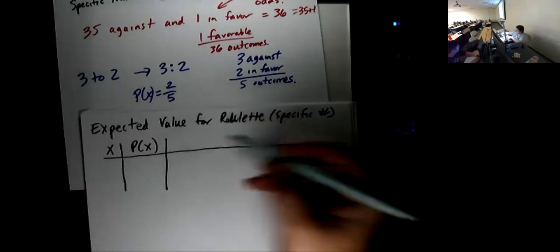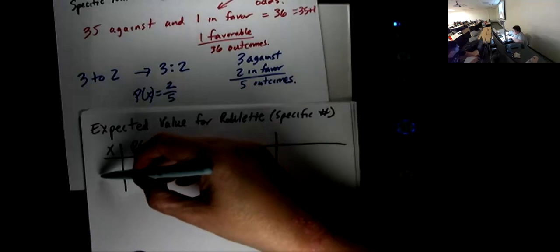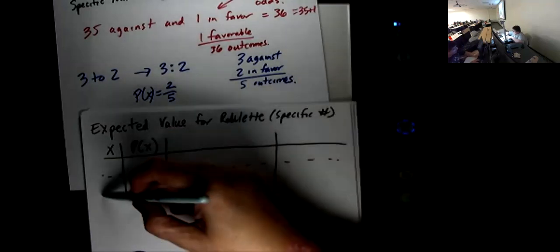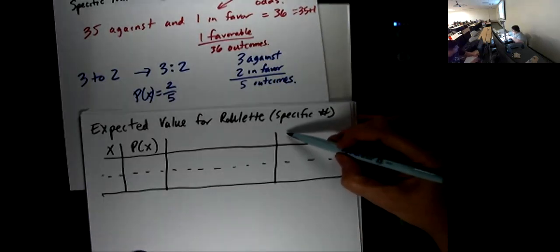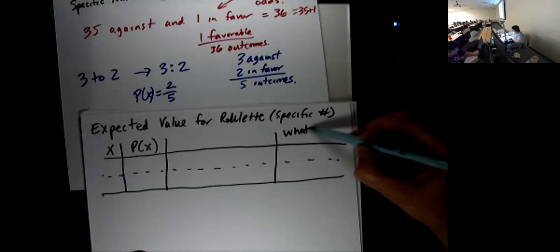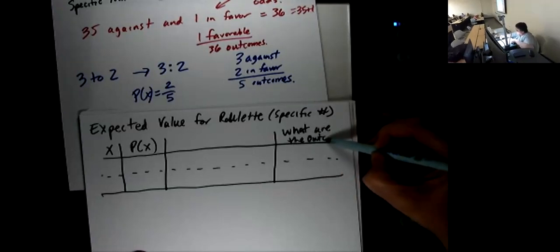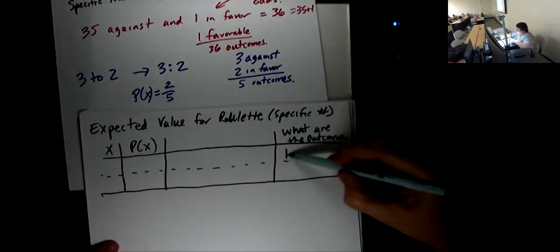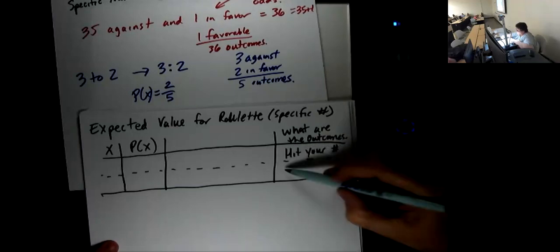So what goes in here? We need to think about how this column works because these have to be numbers. What are the outcomes of you betting? You can either hit your number or you can miss your number.